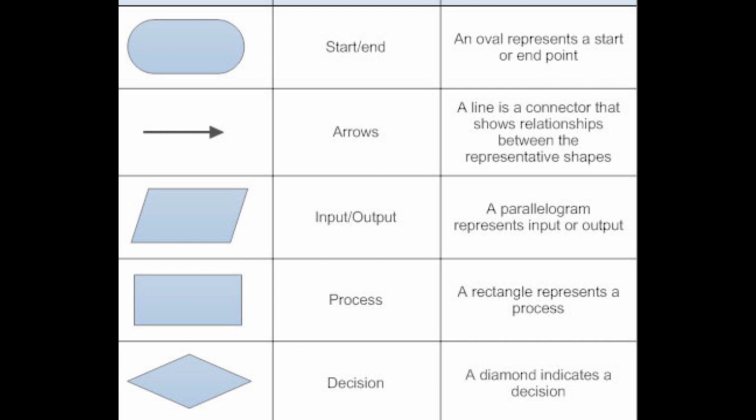It is used to represent input or output. The fourth symbol is a rectangle shape, and it is used to represent a process. Last symbol is for decision making. We can also call it a diamond shape, which indicates a decision. And the last symbol, which is not mentioned here, is the circle, and it is also known as a connector.